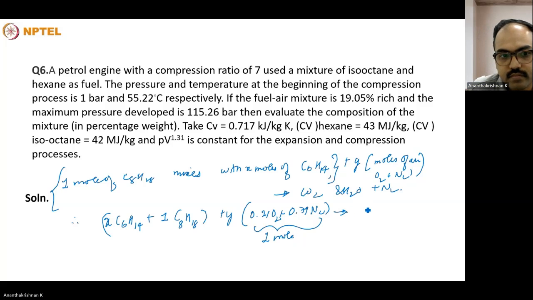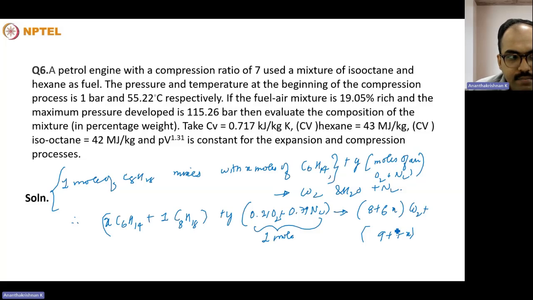This gives (8 plus 6X) CO2 plus, balancing the hydrogen, (9 plus 7X) H2O, that is basically (18 plus 14X) divided by 2 to compensate for the H2, plus 0.79 Y N2.